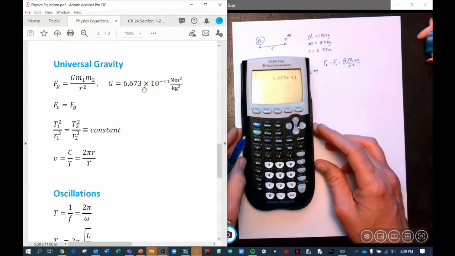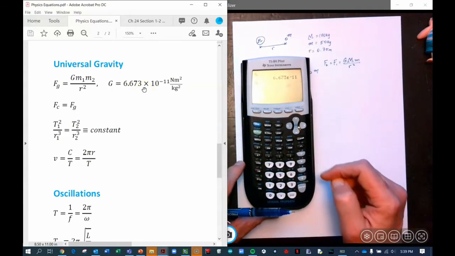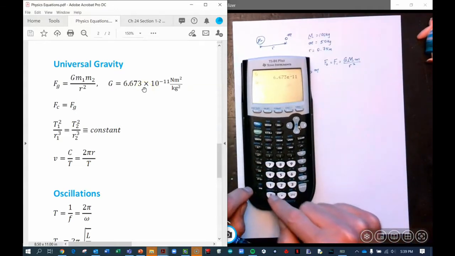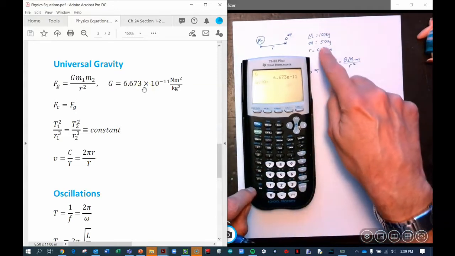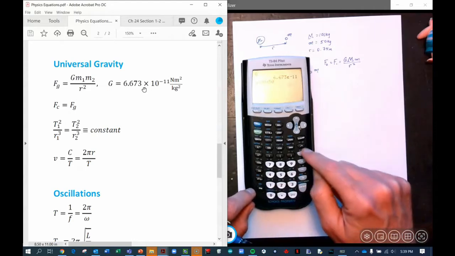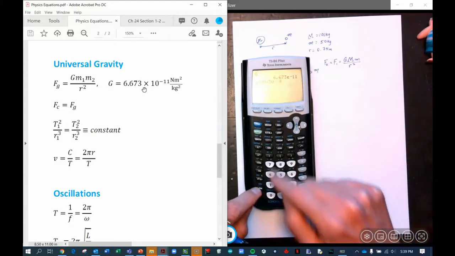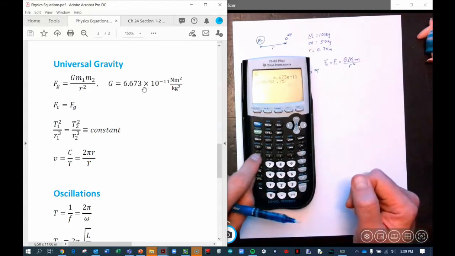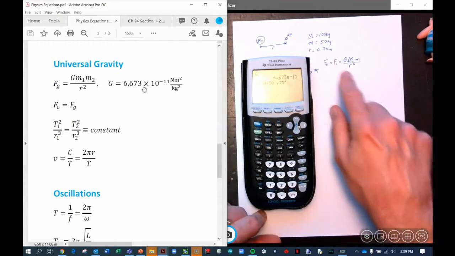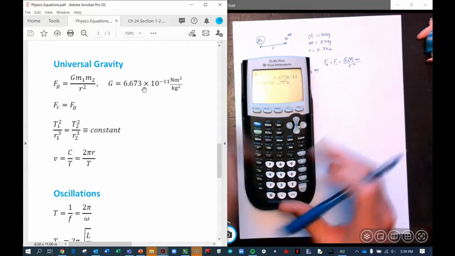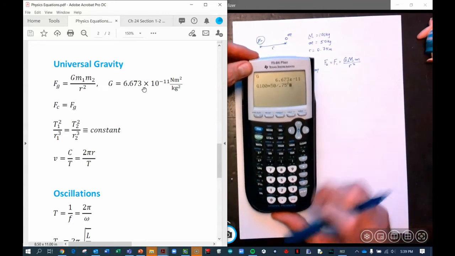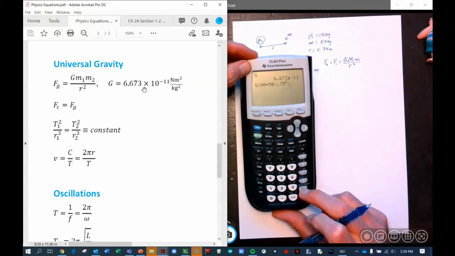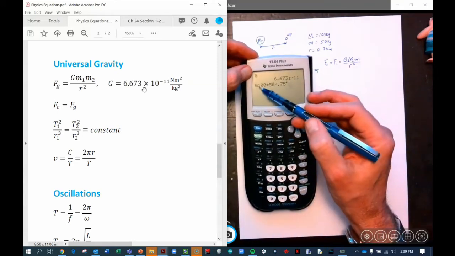I'm going to do that again: alpha G, and then big M is 100 times little m is 50, and then you divide by 0.75, and what a lot of people forget is to square that. So 0.75 squared. Also, a lot of people don't know you can just multiply a constant times a number.